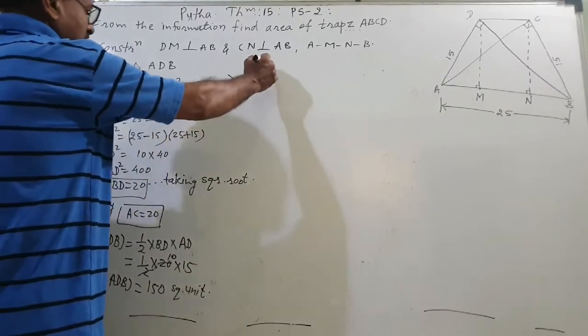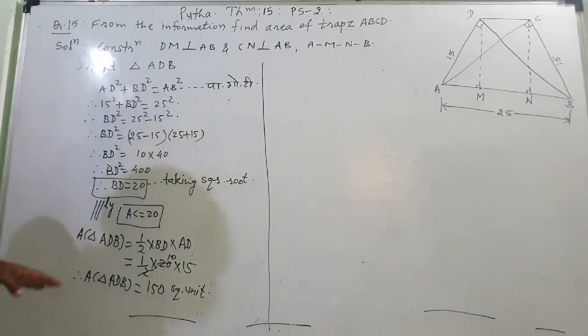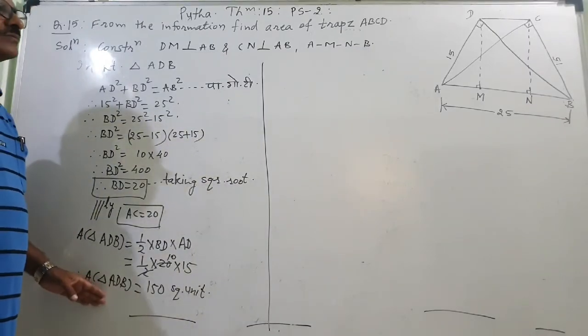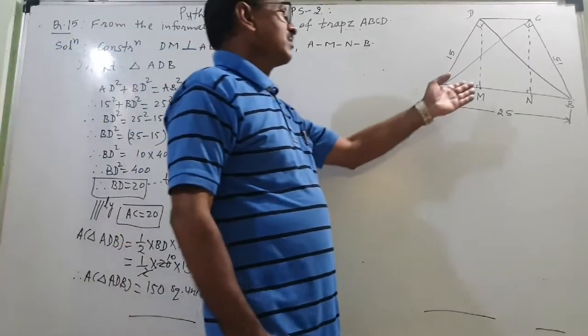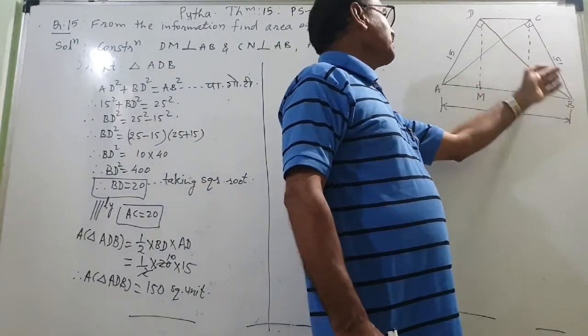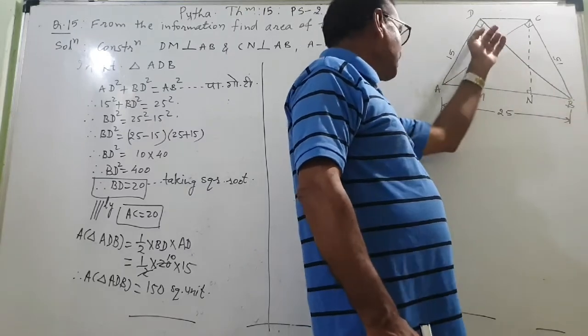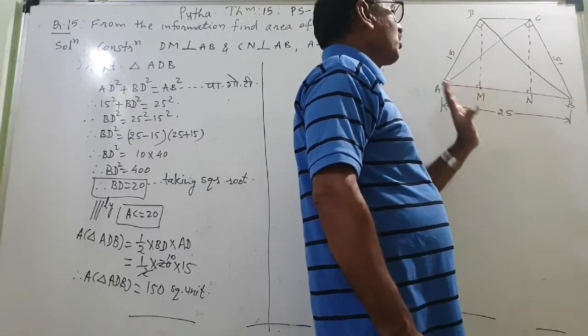The same triangle can have this another base. If this is the base, this will be the height. Height means perpendicular on that side.